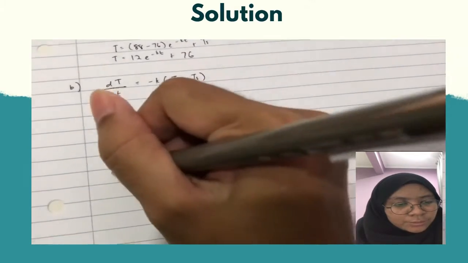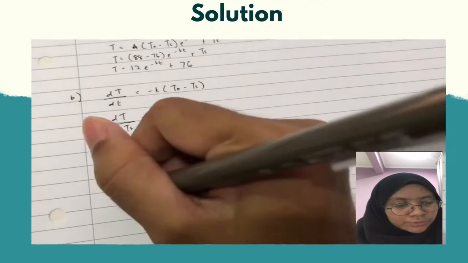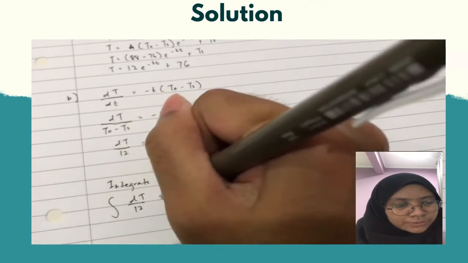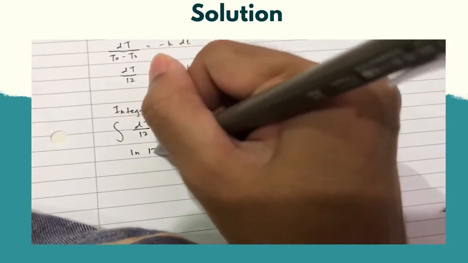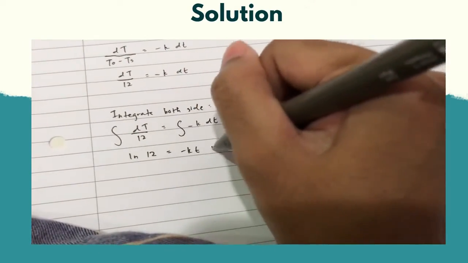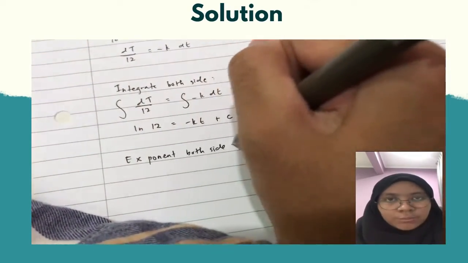Okay, and then now we will integrate both sides. So it will be integrate dT per 12 equals integrate negative k dt. To remove the ln here, we will have to exponent both sides.